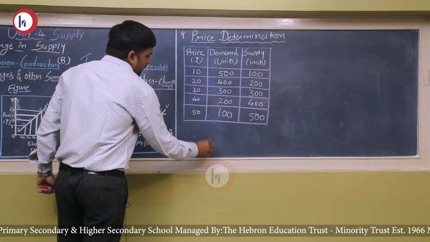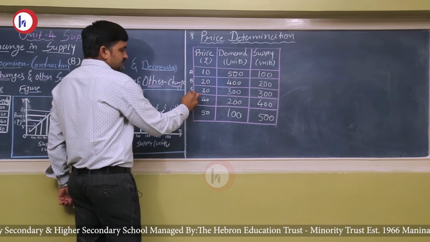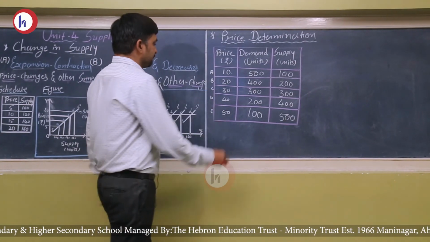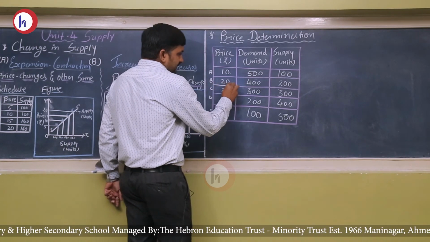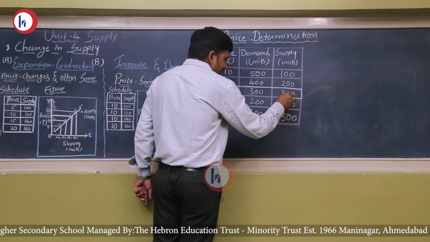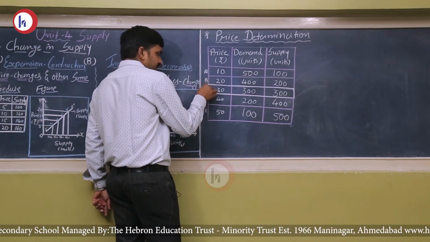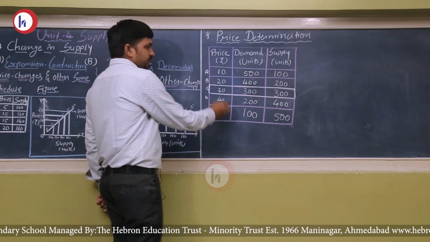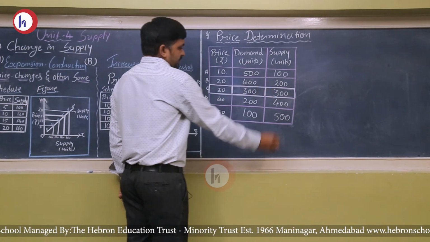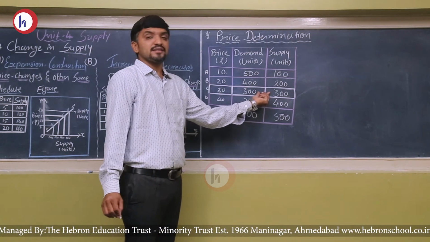But when I talk about combination C, let it be A, B, C, D and E, at rupees 30, a customer demands 300 units and a producer is ready to supply 300 units. That is, 30 is determined by the two market forces, demand and supply.